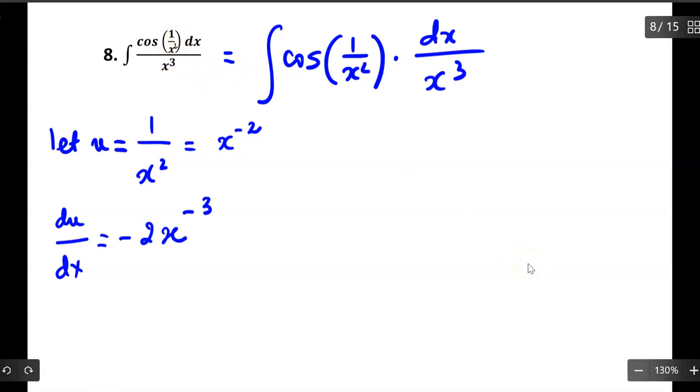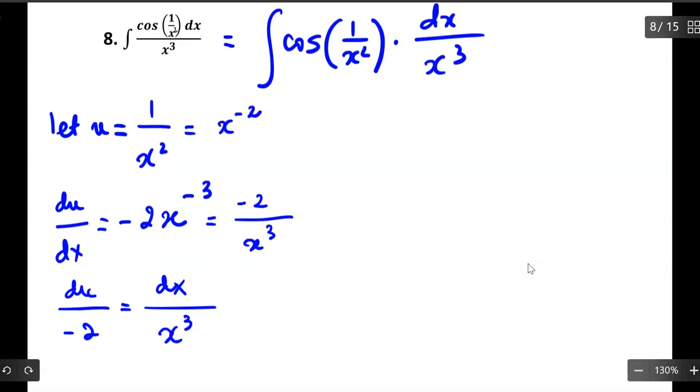Alright, so in this case I will write it as du over negative 2 will be dx divided by x to the exponent 3. Or I can write it like this.